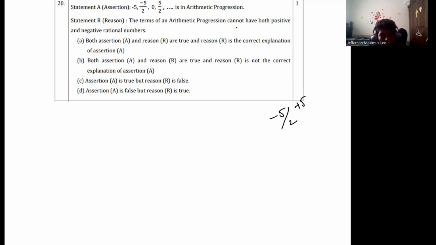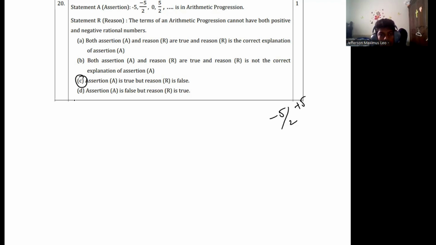The reason says the terms of an arithmetic progression cannot have both positive and negative numbers, which is wrong. So the first one is an arithmetic progression, so the assertion is true, but the reason is false. I think C. What do you think?